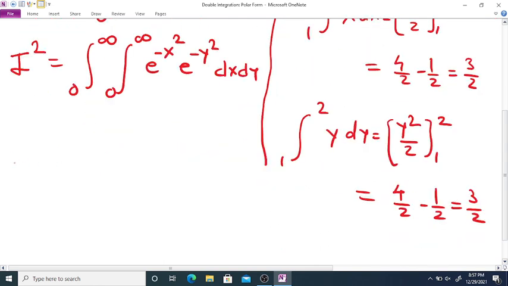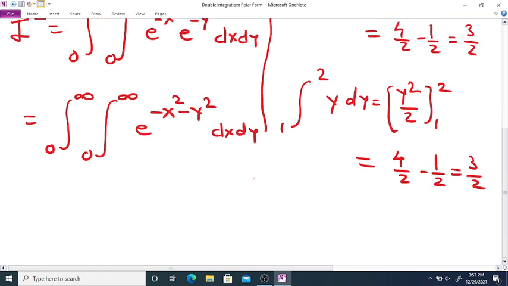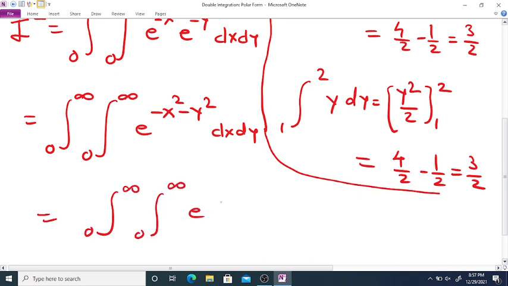So it is equal to the integration from 0 to infinity of e raised to minus x square minus y square, dx dy, which is equal to the integration from 0 to infinity of e raised to minus (x square plus y square), where inside the bracket we take the minus and outside dx dy. Now this is equal to I square. Say this is equation number star.